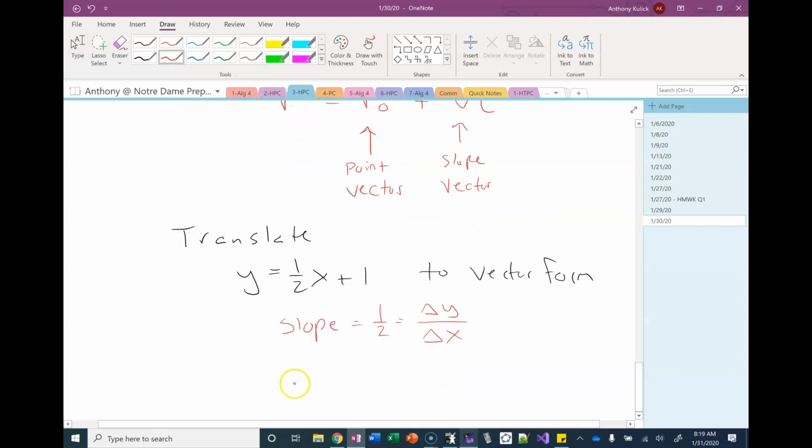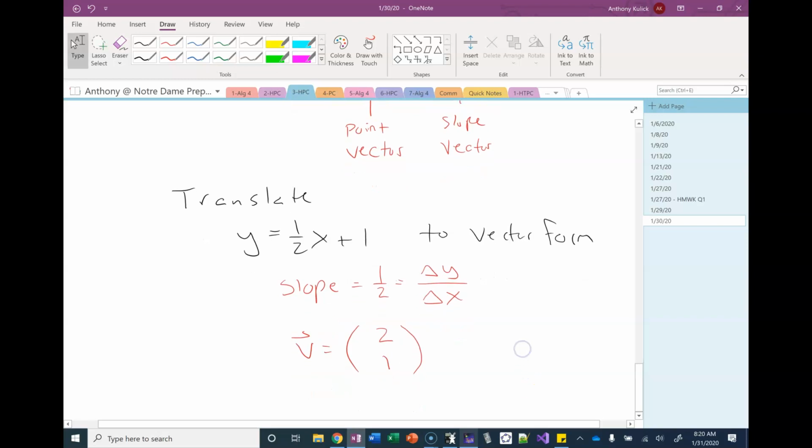So if I wanted to convert this into a vector, what should I put as the x component? 2. And what should I write as its y component? 1. Do you see why we're doing that? Is everybody okay there?